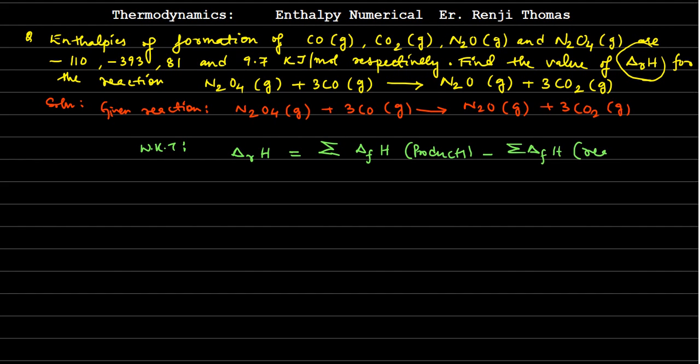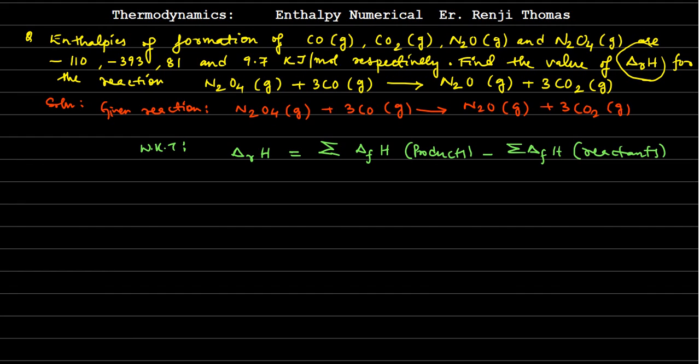So this formula has to be remembered. This is how you find out the enthalpy change of any reaction. So I'll just simply sum up all the enthalpies of the products, and then I'll subtract the summation of all the enthalpies of the reactants. I hope you're clear of it.